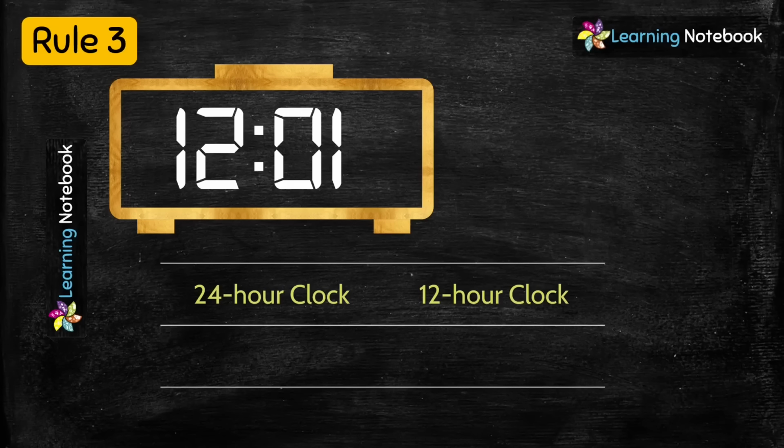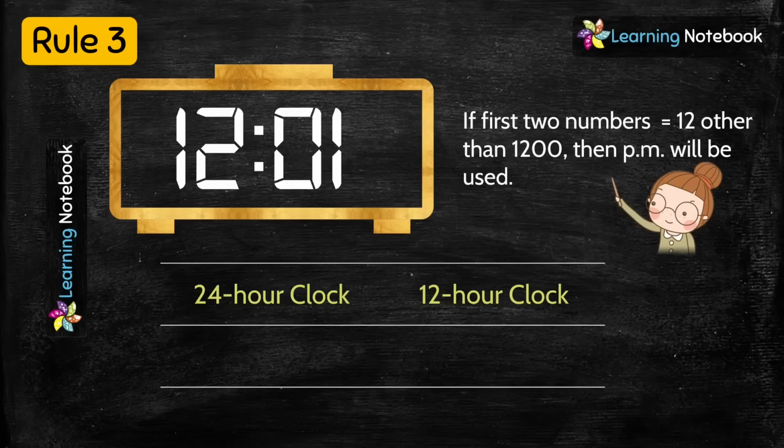This rule 3 applies for time from 1201 hours to 1259 hours. So here students, if first two numbers are equal to 12 but other than 1200 hours, then we are going to use PM to convert this time to 12-hour clock time.